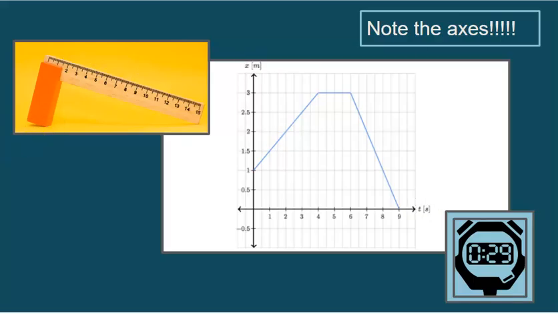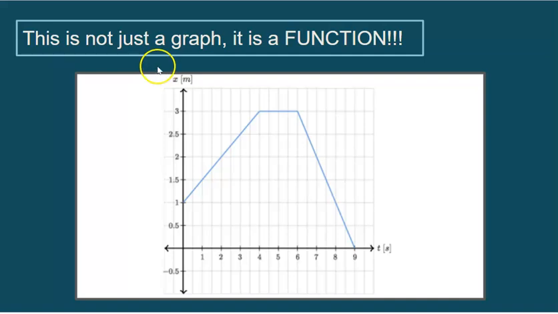So this object is not just a graph. When we say position function, we really do mean function. So if the graph were not a function, for example, this shape right here, if it didn't pass the vertical line test, what would that mean?